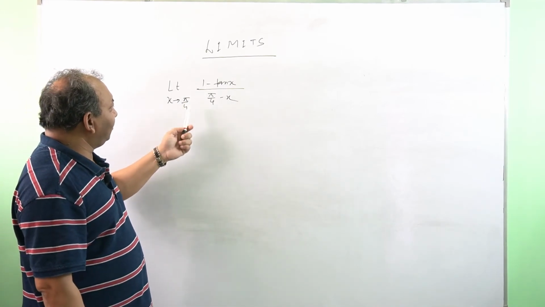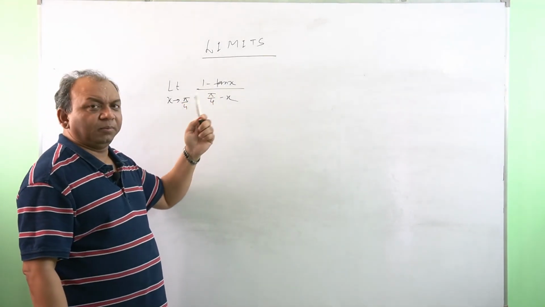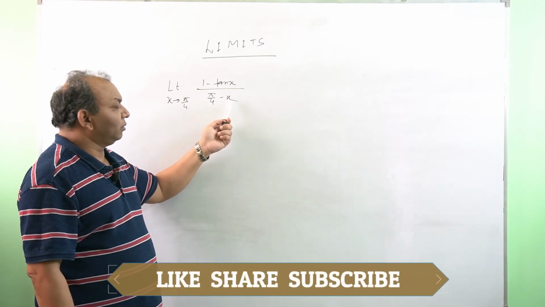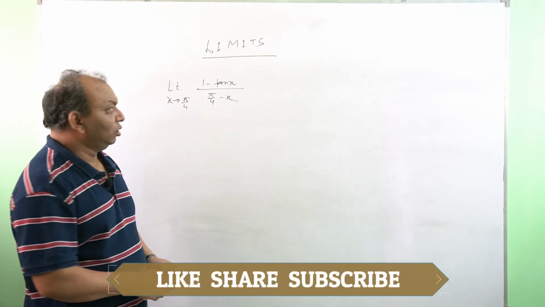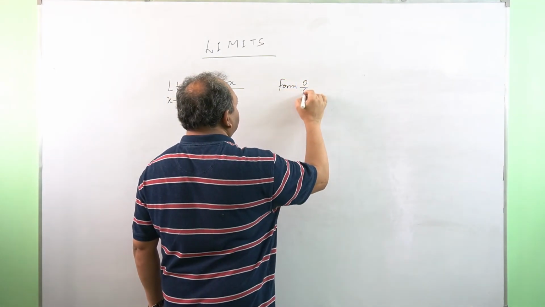If we put x equal to pi by 4, then we know that tan pi by 4 is 1. So in the numerator 1 minus 1 is 0, divided by pi by 4 minus pi by 4, which is 0. So the indeterminate form is 0 by 0.